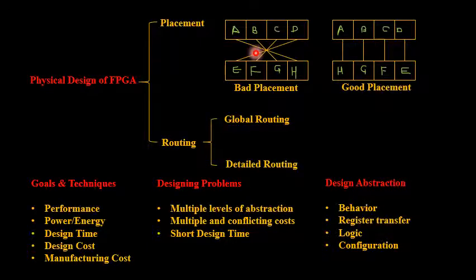If the delay increases, the speed of operation of a particular logic or circuit is going to decline. It is not going to operate in a very high speed manner. You cannot expect the output in a very quick way. So this is the disadvantage of this particular type of placement. That's why we have called it a bad placement.